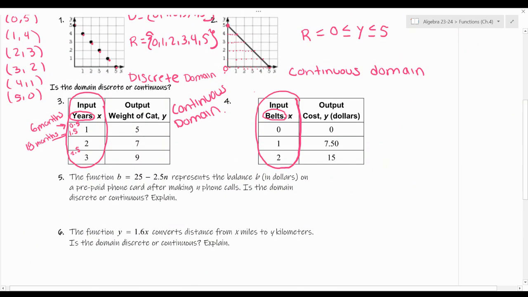So if I go to the store, say I go to Target, and I look at their belts, and I'm like, ooh, I like this one belt. I like these 2 belts. But can I go check out and say, I actually only want to buy half a belt?